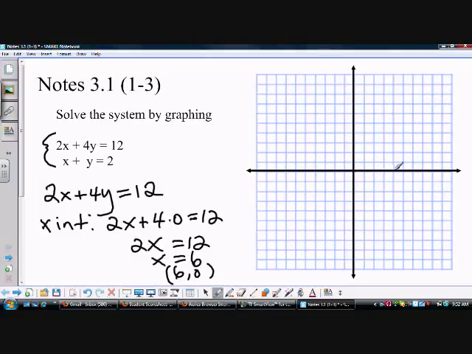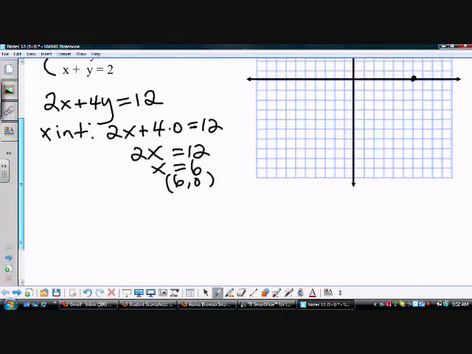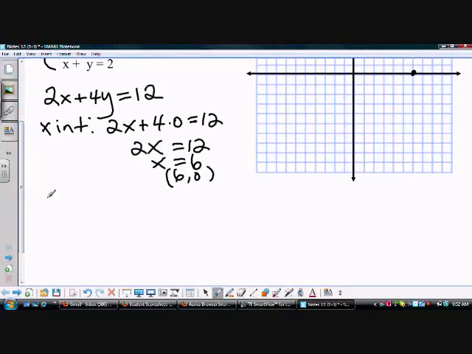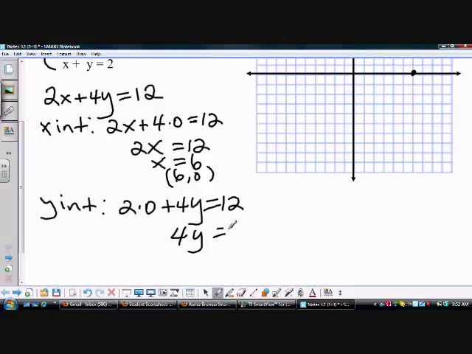1, 2, 3, 4, 5, 6. The y-intercept, I make the x 0. And I go 2 times 0 plus 4y equals 12. Well, that's 0 plus 4y equals 12, so that's just 4y equals 12.